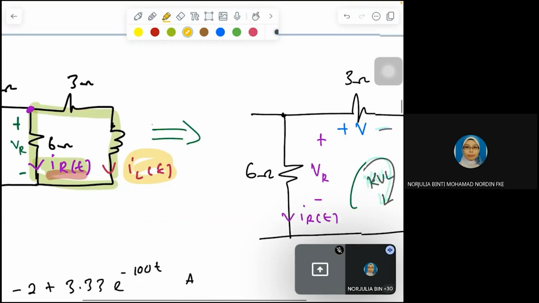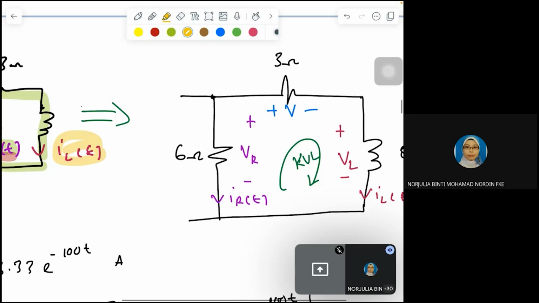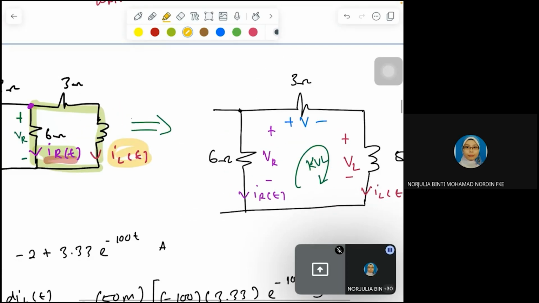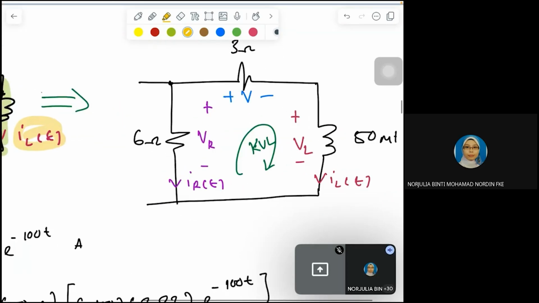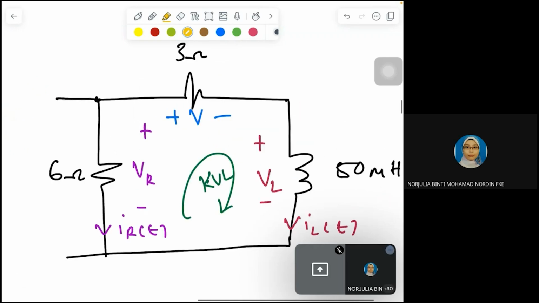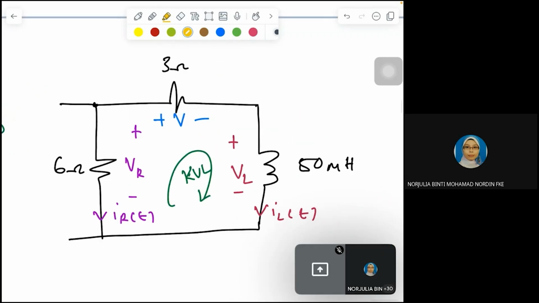So I enlarge the circuit that I highlighted in green to become this. Based on this circuit, our job is to find the VR. Why do we need to find the VR? Because we need to calculate the IR.